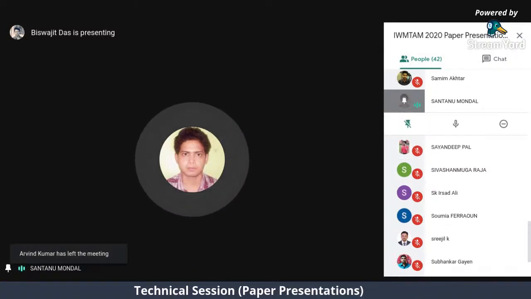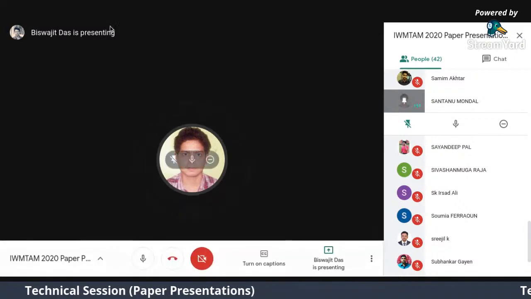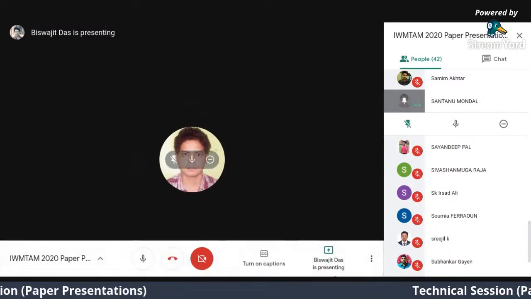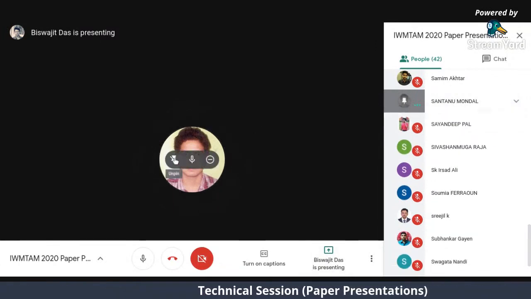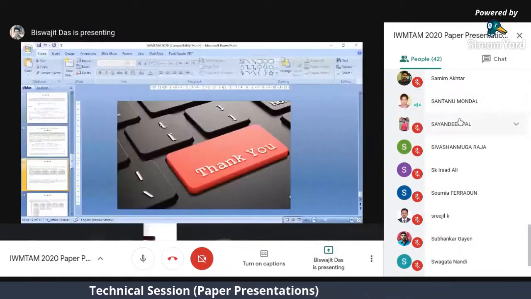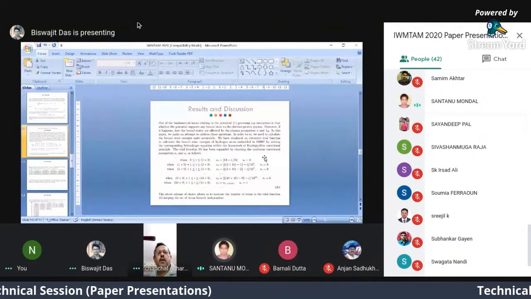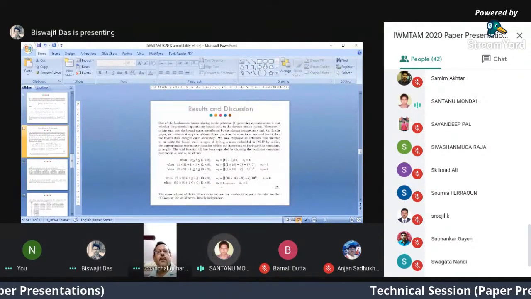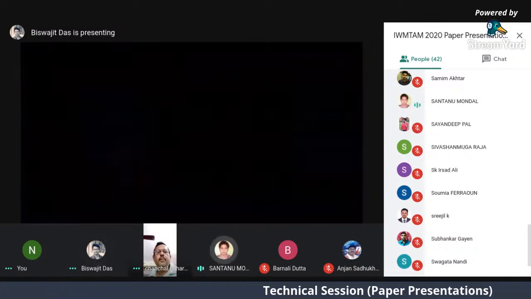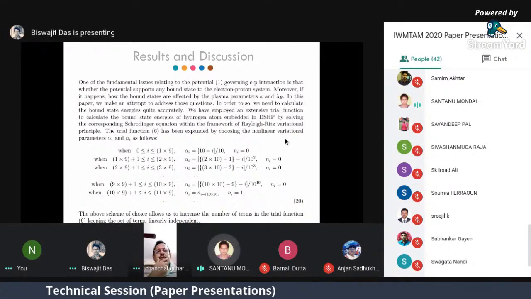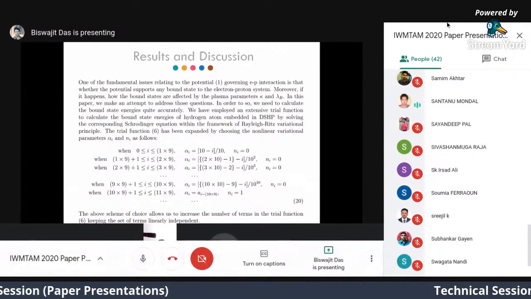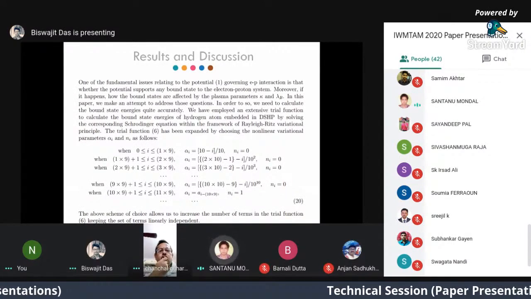Can you go to that slide? Yes. Is it visible? Yes. I just want to understand how did you choose such nonlinear parameters. Can you just elaborate a little bit?